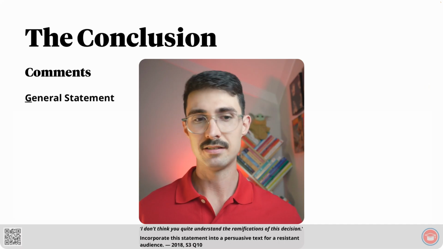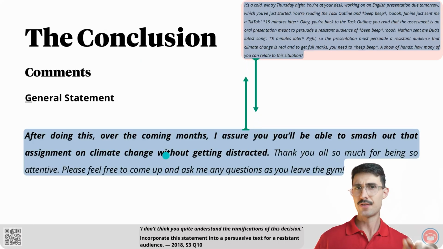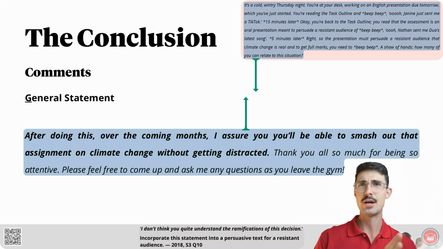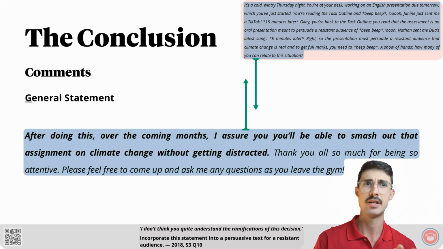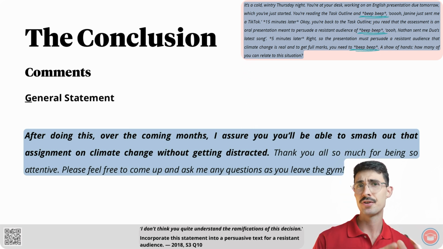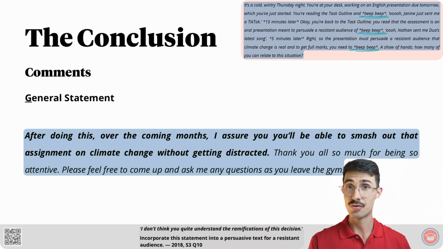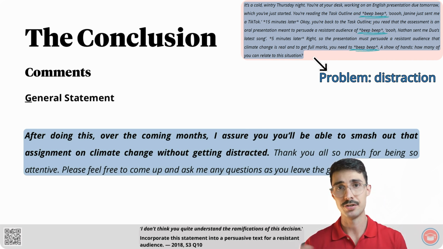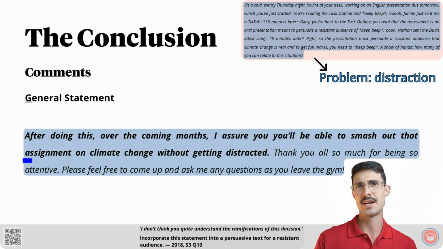Finally, let's discuss the general statement. This first sentence refers back to the opening hypothetical situation in the introduction about trying to complete an English assignment but constantly getting distracted. The first reference to this situation in the introduction is framed as a problem, the problem being constant distraction. The second reference to this hypothetical situation in the conclusion is framed as a solution.